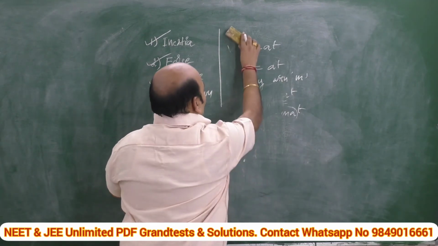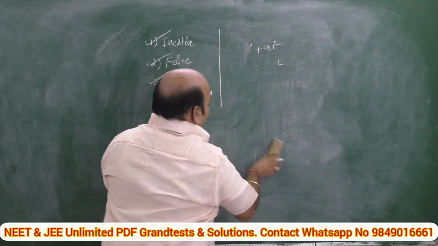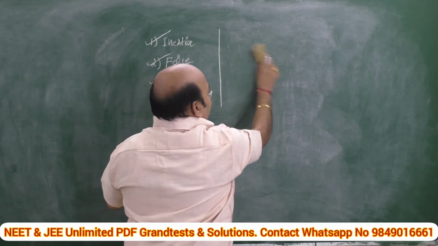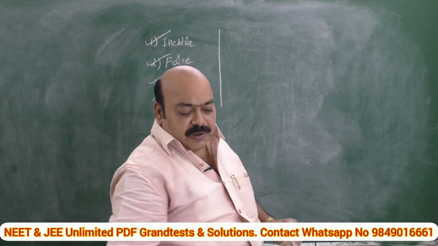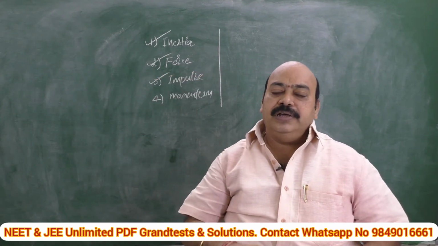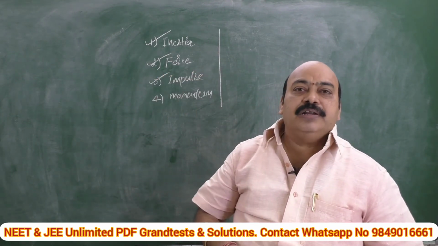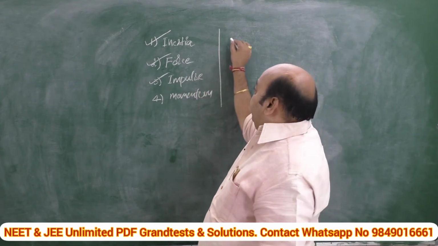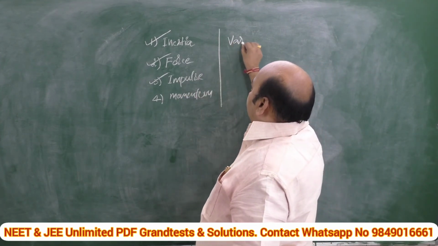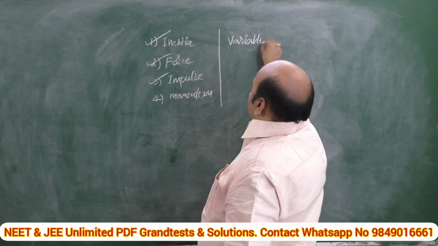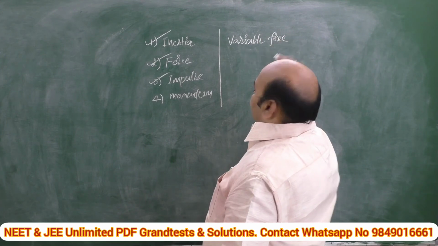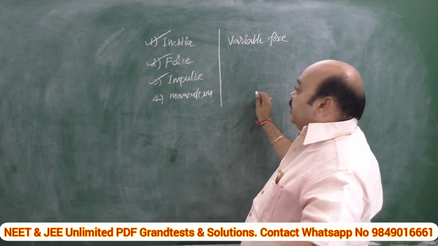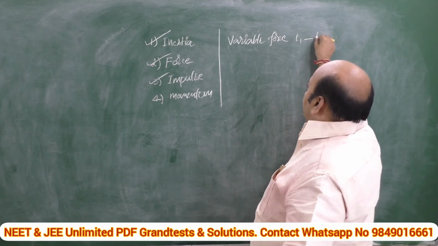Now, in case of variable force, that means the product of force and time is called impulse. If the force is not uniform, in case of variable force, what happened to this one? In case of variable force, that means it's changing from time to time, from T1 to T2.